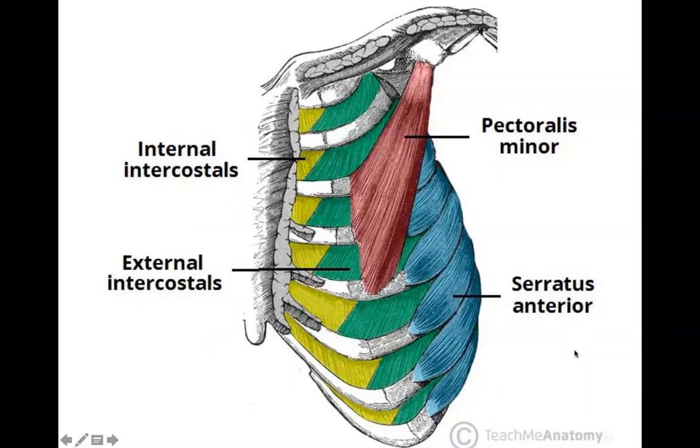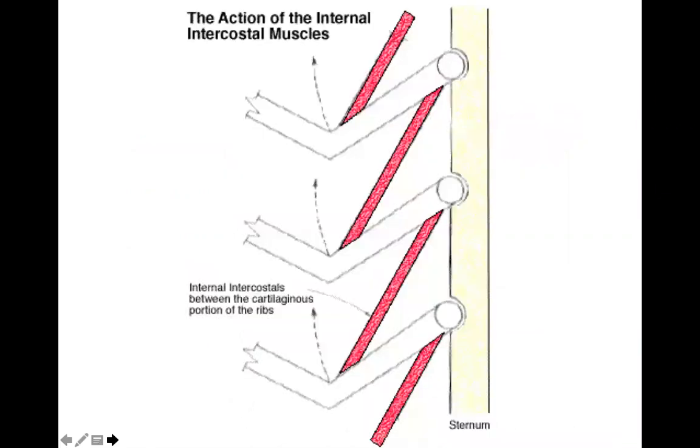So I'm going to show an illustration that might help with the origin, insertion, and action of these intercostal muscles. This illustration right now is just showing the fascicle arrangement of the internal intercostals. This is anteromedial.